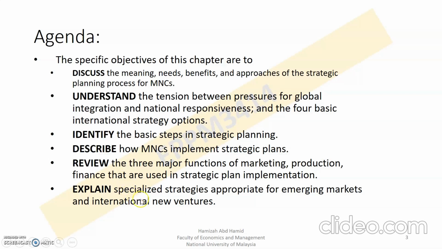Lastly, you will be able to explain specialized strategies for emerging markets and also international new ventures. So we will also discuss strategy for specific markets and strategies for specific types of companies.